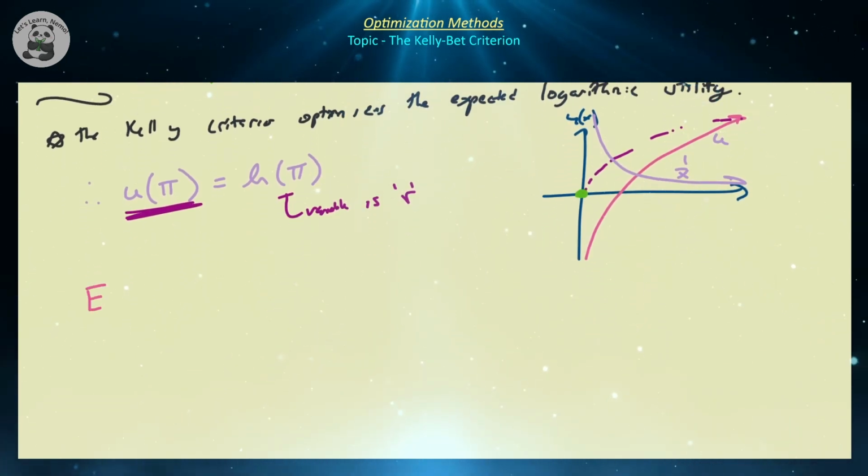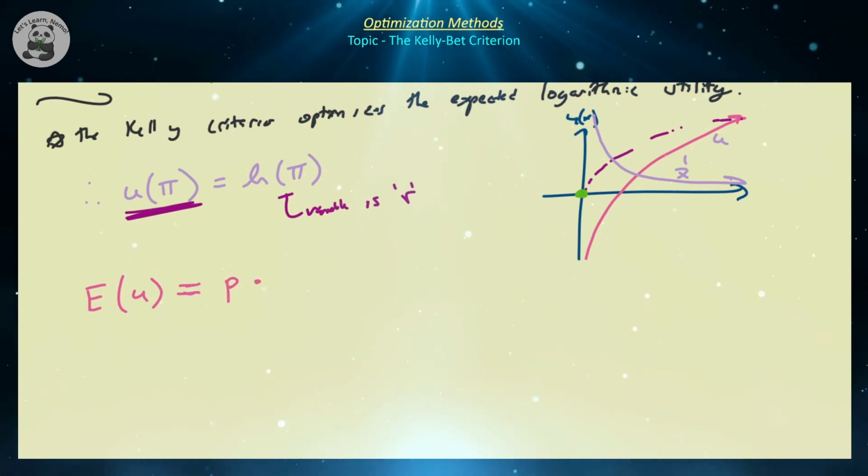So our expected utility, keep in mind, we either have a win or a loss in terms of this bet. So we're going to be doing sort of a discrete expected value. It's going to be equal to the probability of winning, which I'm going to denote as p, times the value, which is going to be the natural log of Pi times 1 plus RB.